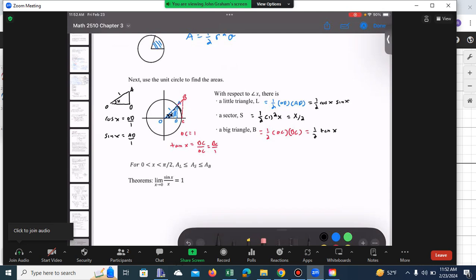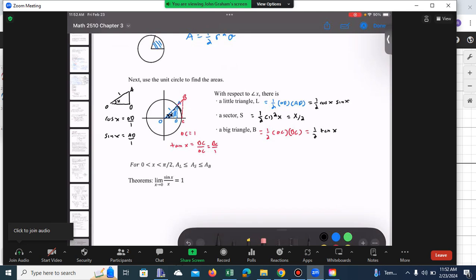And just looking at the picture, we can clearly see the little triangle is less than the sector, which is less than the big triangle. So these areas come first. Little triangle is smallest, sector is the middle size area, and then the big triangle is the biggest.